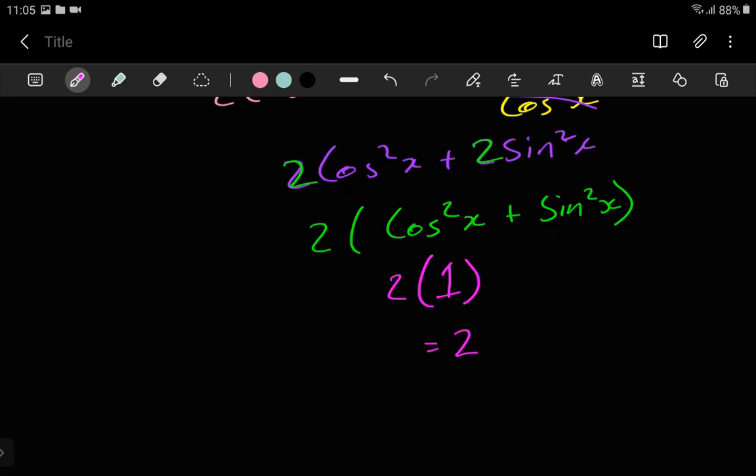That's why they asked you for the value of that expression: if you work it out, you end up with a specific number instead of just an expression.